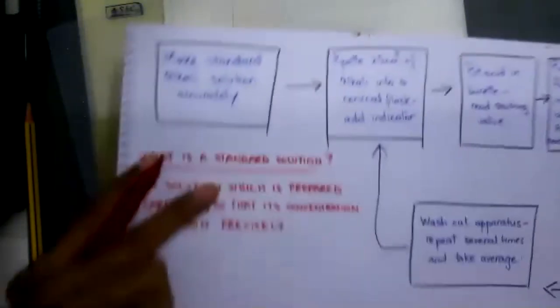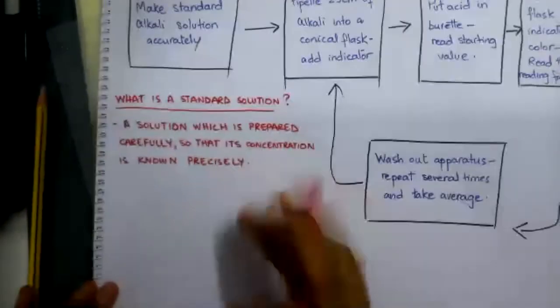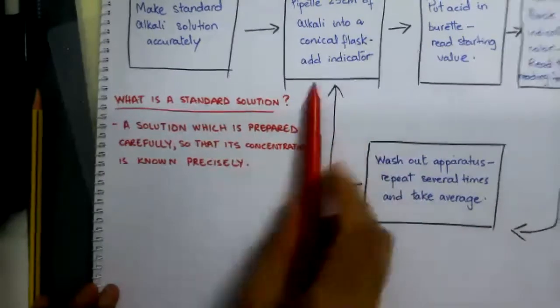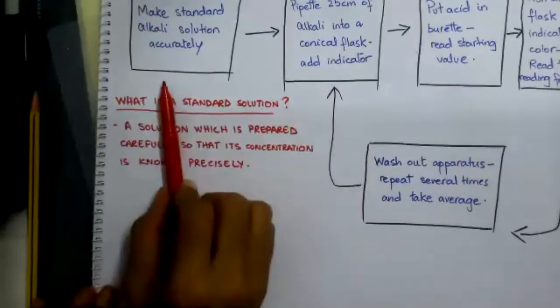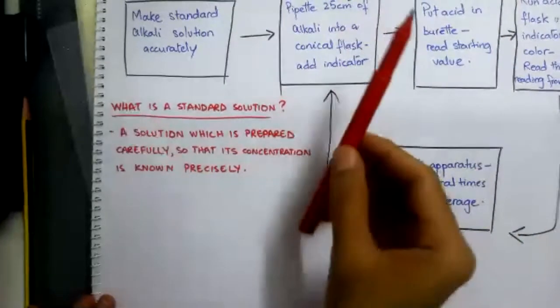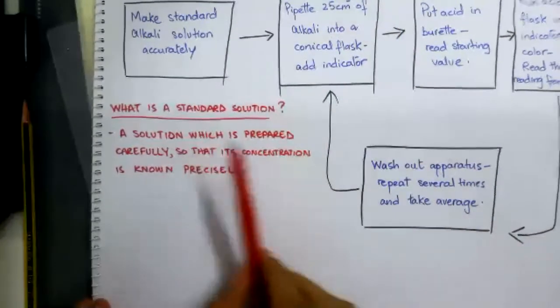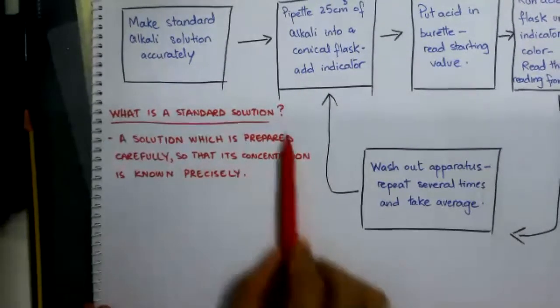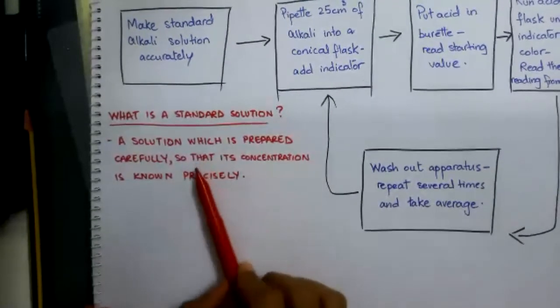A standard solution is a solution which is prepared very carefully so that its concentration is known precisely. You or the examiner prepared it carefully, and this concentration will be provided to you in the question.